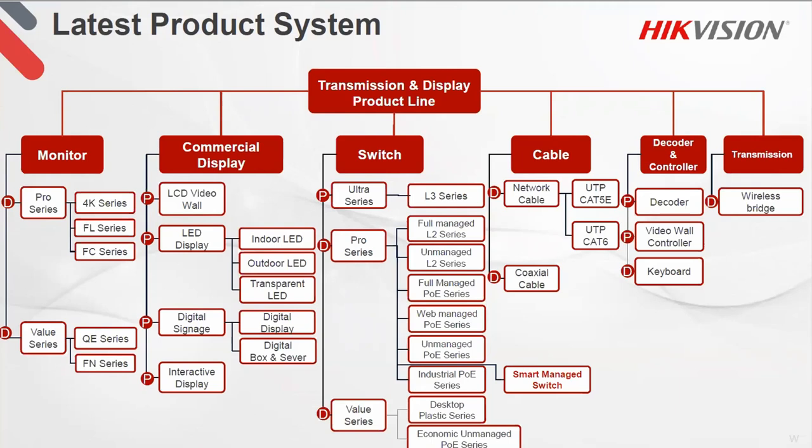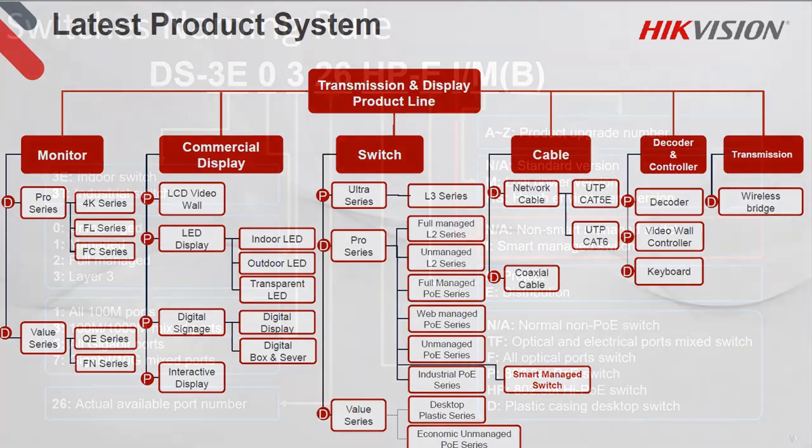And we also have cables, both network cables as well as coaxial cables, and decoders and controllers, as well as transmission, including wireless bridges. So the switching part is only a single segment of this transmission and display product line. So I just gave you an initial idea about where this switch segment is placed in our Hikvision product system.